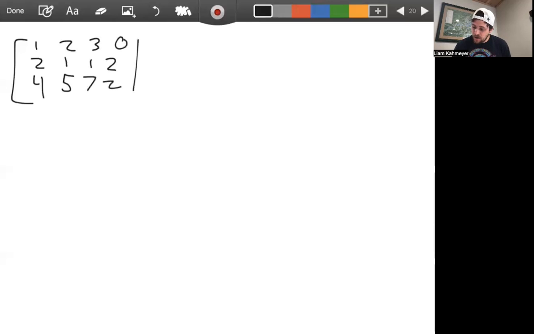Well, we create an augmented matrix that represents this system. So that would be the matrix A, 1, 2, 4, 2, 1, 5, 3, 1, 7, 0, 2, 2, and then we augment with the 3x1 zero vector, right? How do we solve this system?